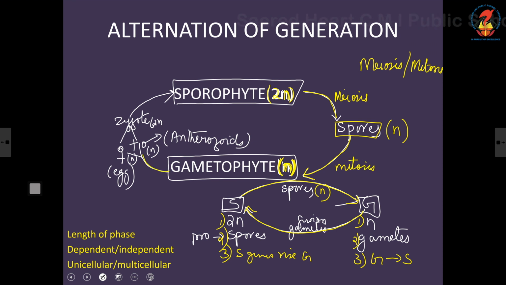Then the gametophyte produces the male and female gametes, and look, the gametophyte is N, and the gametes are N. So which division is it? By mitosis. And then this N and N fuse to form 2N. So the zygote is 2N, which forms the sporophyte. So you can also incorporate the third point as a cell division point.